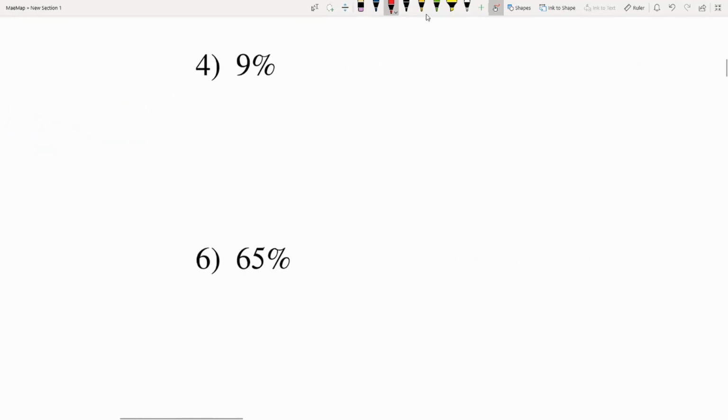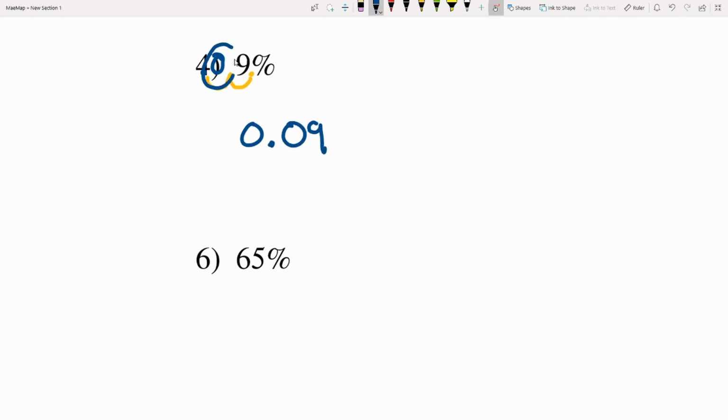And number 4, our decimal, since it's not given to us, occurs after the whole number 9. So this is 9%. So I'm going to move my decimal 2 to the right, 1, 2, and notice that we're going to have a placeholder 0. This 0 will be important. So we'll have 0.09.